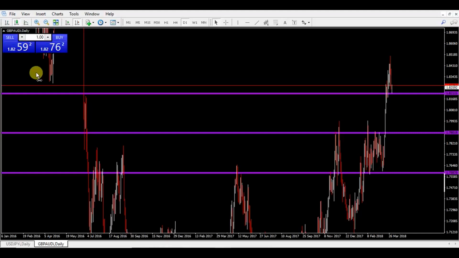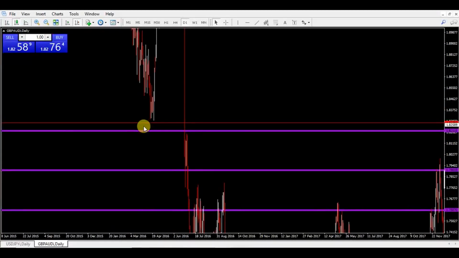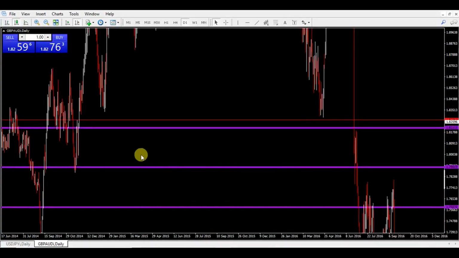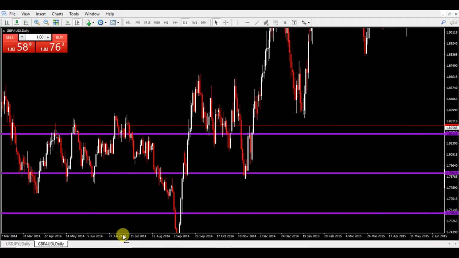Any coincidence? Market came to this zone, this area, rallied. Straighten the candles out. Came through, kind of played with that area.